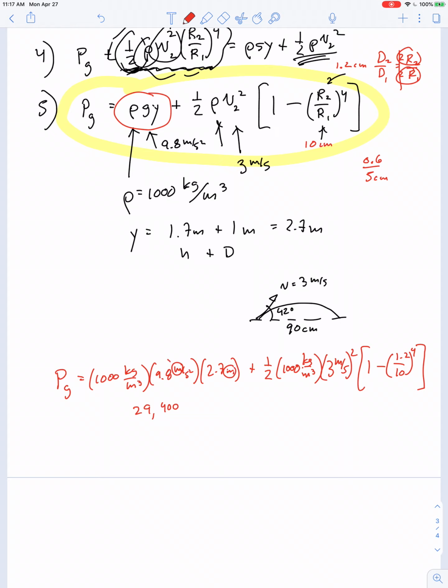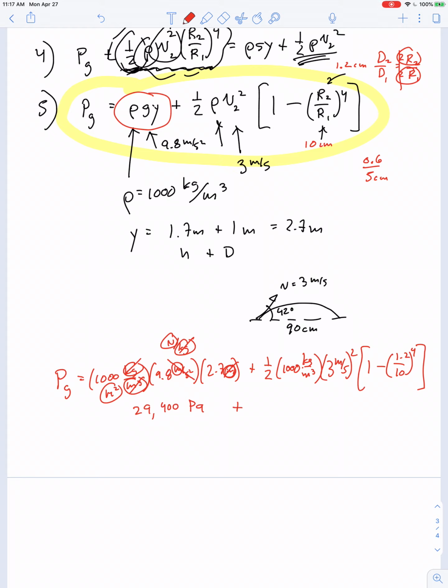Instead of calling it 9.8 meters per second squared, let's call it 9.8 newtons per kilogram. Then in that way, the kilograms cancel the kilograms, and then this 1 meter combines with these meters cubed to leave us with meters squared, and now we're just left with newtons per square meter, but that's a Pascal.